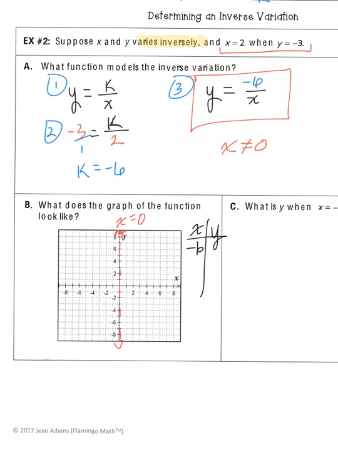So I'm going to choose my next value to be -3. Then negative 2, that divides into negative 6 as well. The more points I have, the better my graph is going to look. And then negative 1 is also going to work. Remember, we can't choose 0.